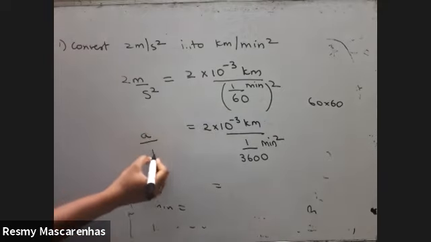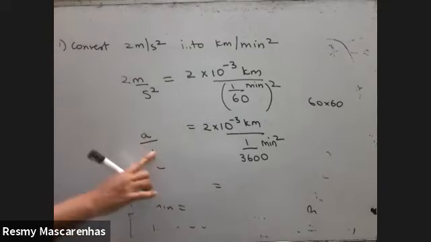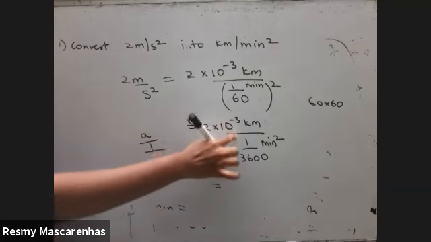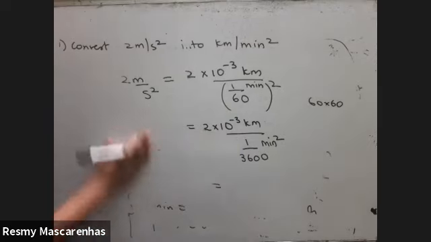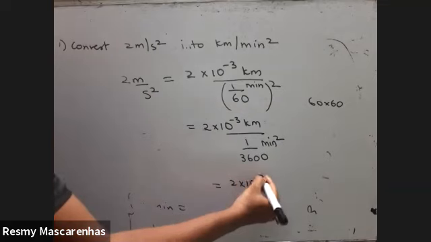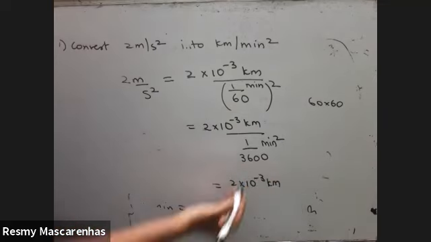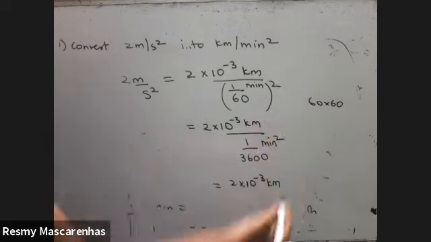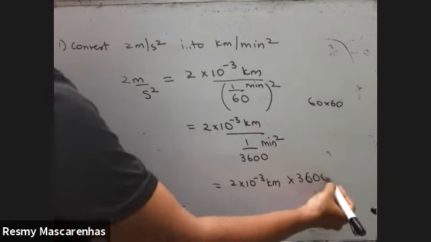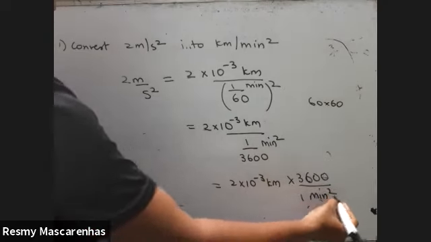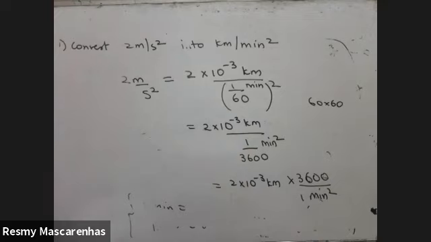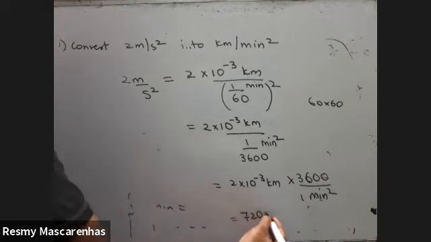Like this I told you. So who will go reverse? Numbers will always get multiplied to the number. So 7,200.